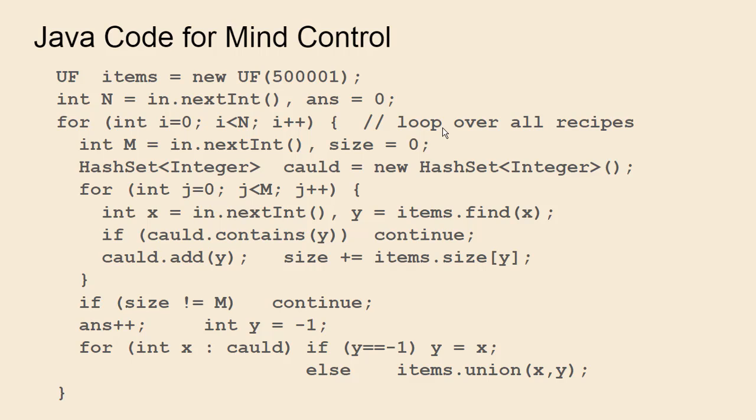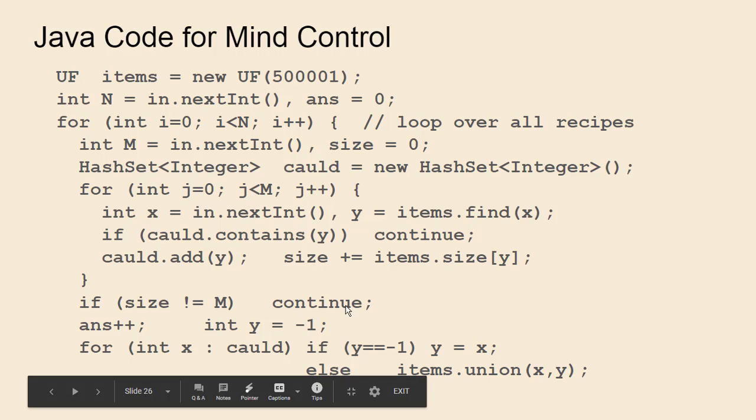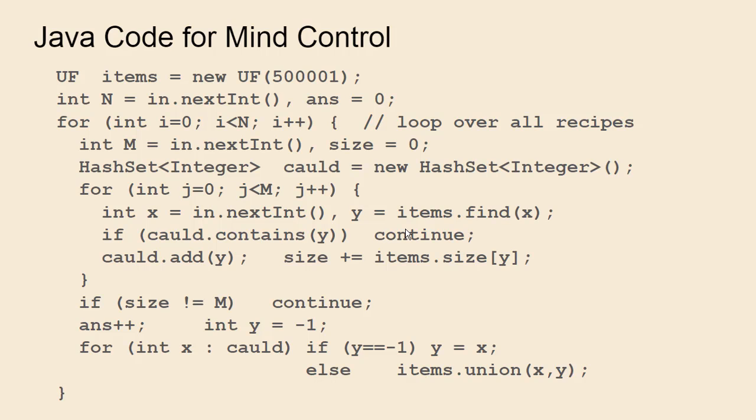There's a different way to implement this. What I did is each time I union x and y, and x loops through all possible quadrants, but for the first one there's nothing to union with. So I put the initial value of y at -1.